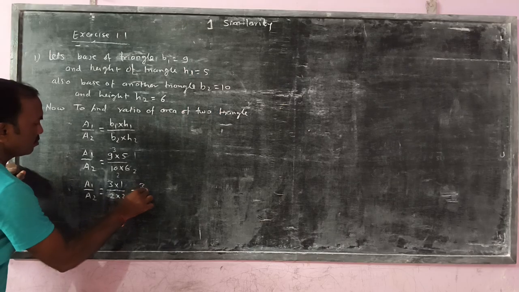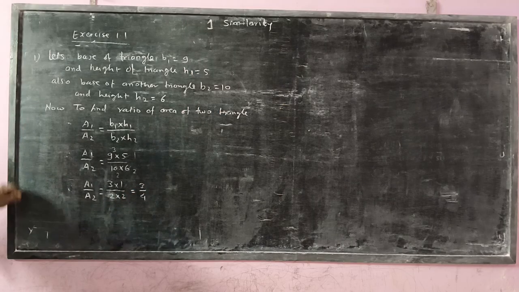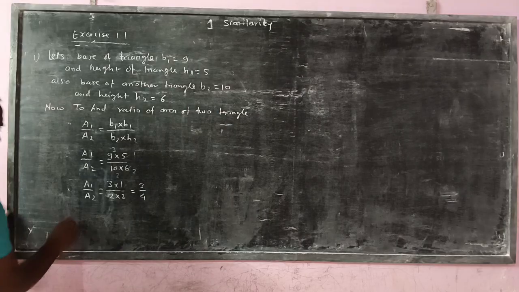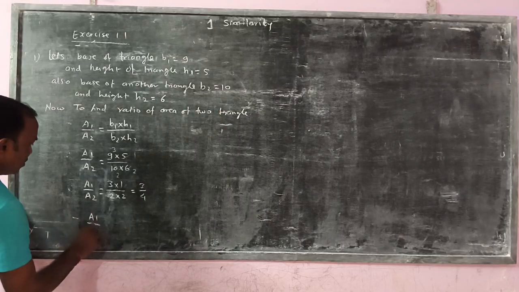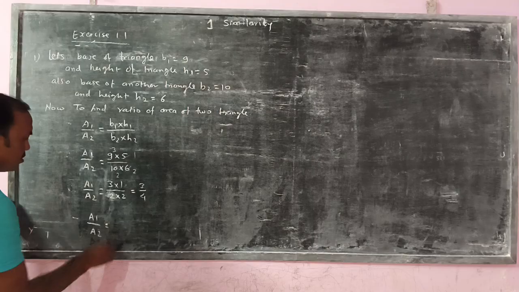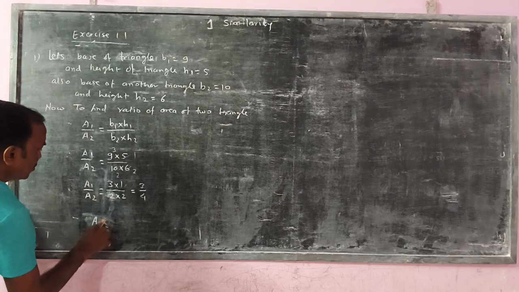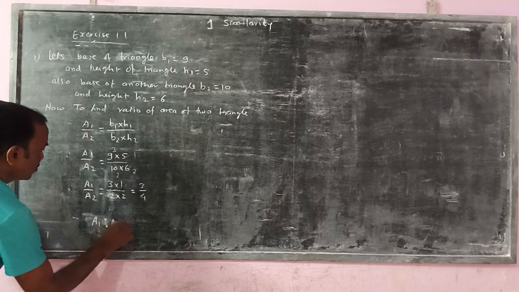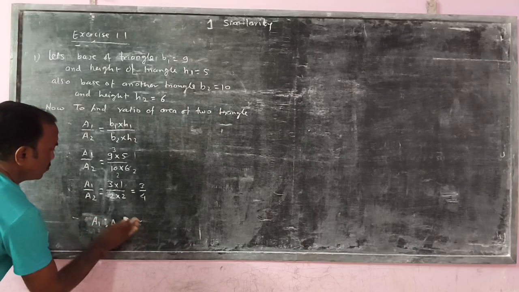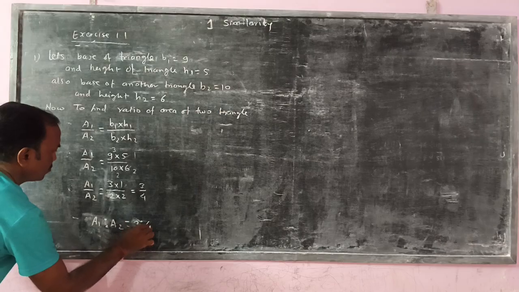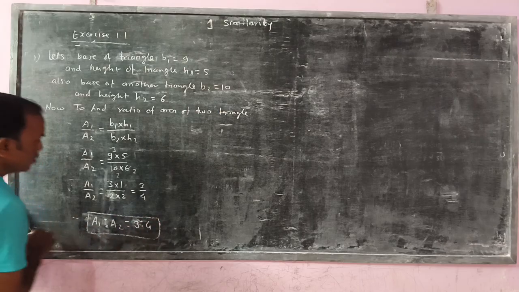Therefore the ratio of the areas of the two triangles equals 3 is to 4. This is the final value for that question.